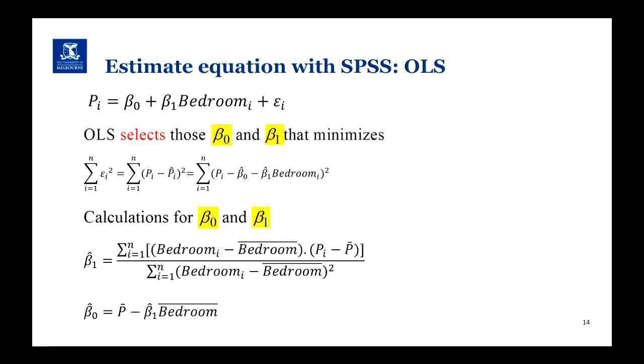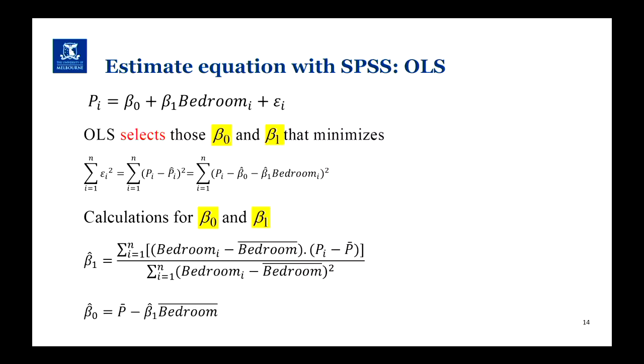Then we can calculate the estimated beta 1, the estimated coefficient of number of bedroom. And then based on that, we can calculate beta 0, the estimated intercept, by using this function.